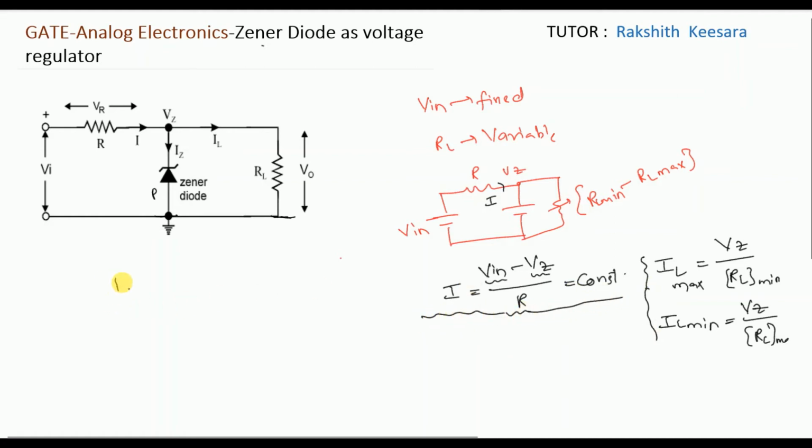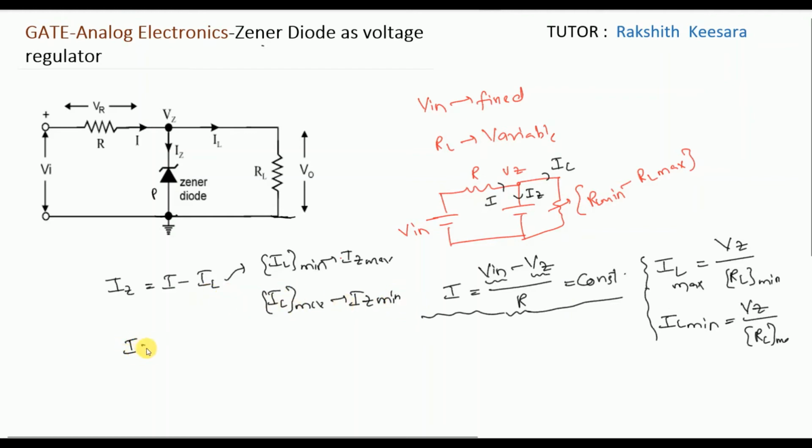Next, let me write the Zener current Iz. This is I, this is IL, this is Iz, Zener current. So Iz is nothing but I minus IL. If you observe here guys, whenever IL is minimum, Iz is maximum. And whenever IL is maximum, Iz is minimum. I am writing these two conditions from this equation. So what is the value of Iz minimum? I minus IL maximum.